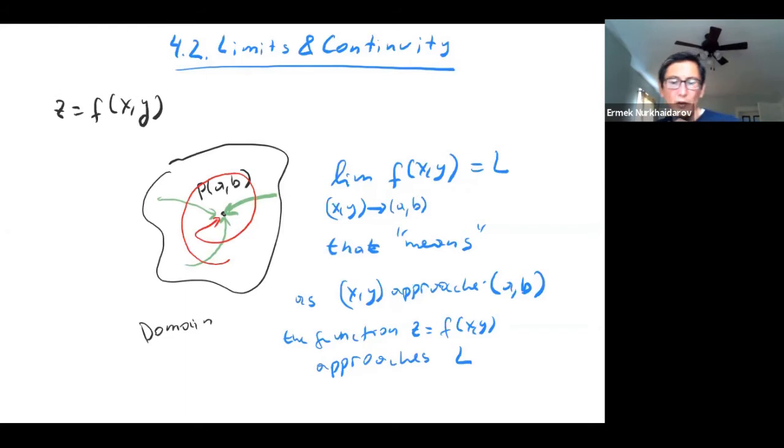So that approach, x, y approaching the value of a, b, is a very vague definition, because in a domain, on a plane, you can approach a point from different directions. Just keep that in mind. You can approach it from left, right, up, down, or any curvy way you like.